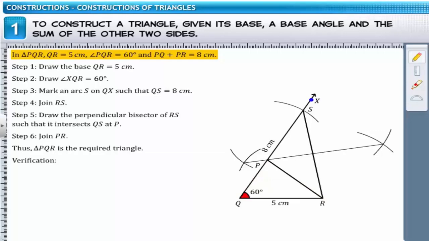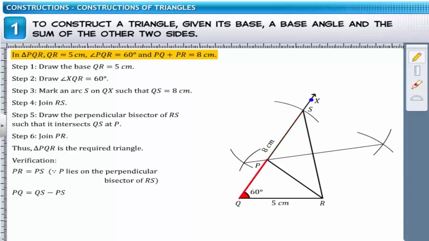Now, let's verify if the triangle obtained is the required triangle. In the figure, side PR is equal to side PS, since any point on the perpendicular bisector is equidistant from the end points of the line segment. Now, PQ is equal to QS minus PS.